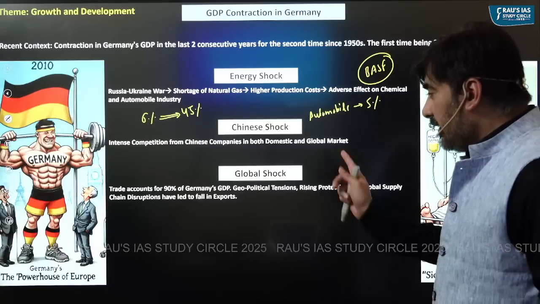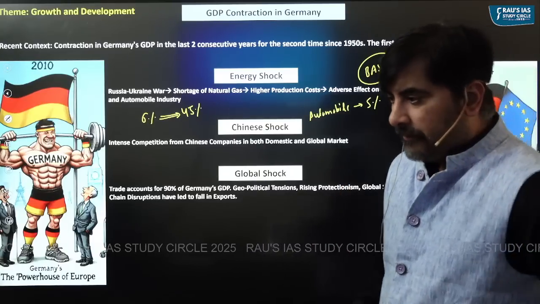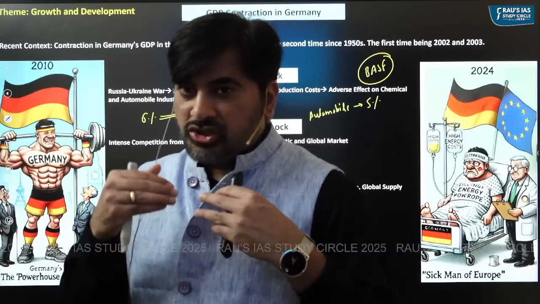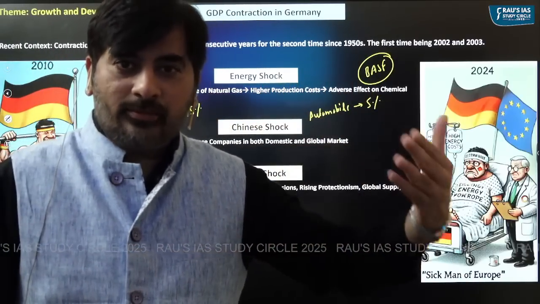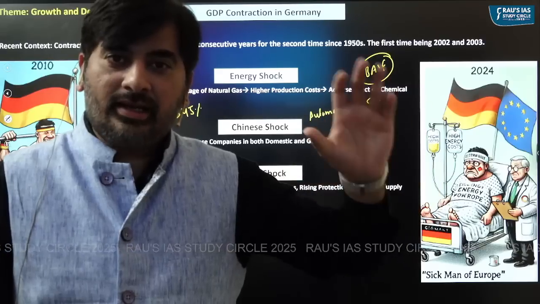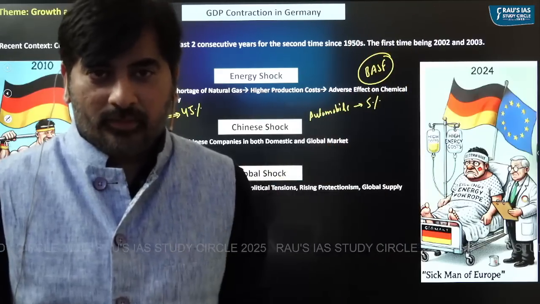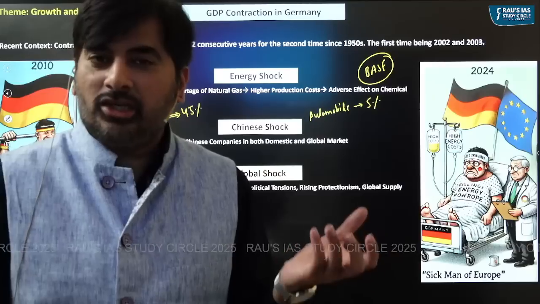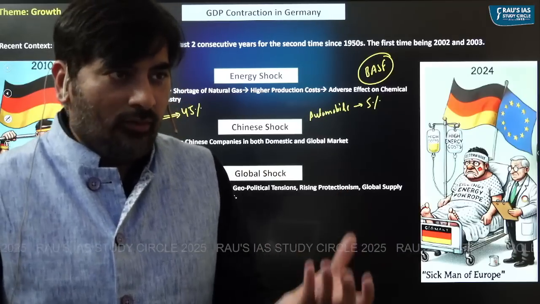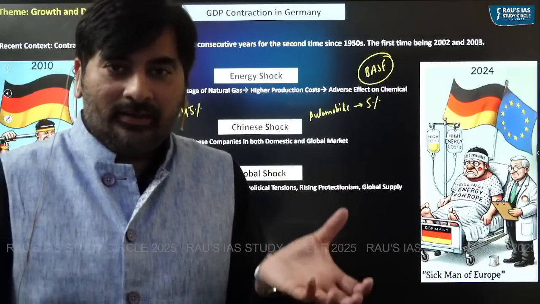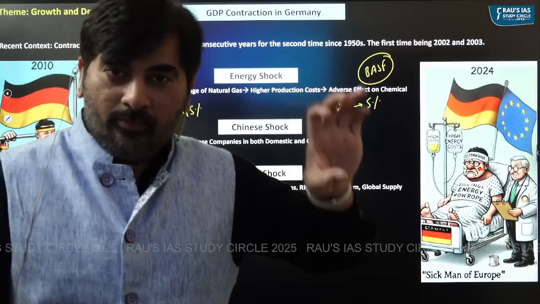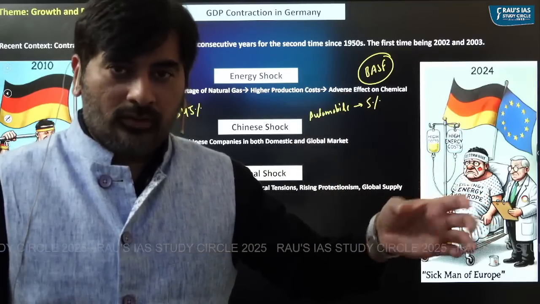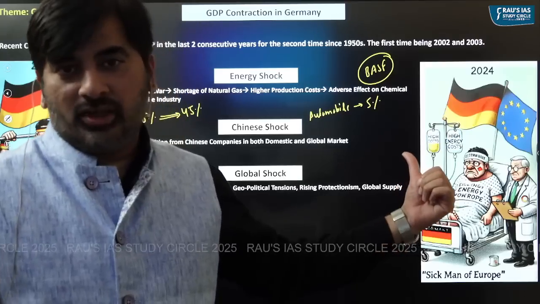The next problem is with respect to global shock. Germany, just like China, is majorly dependent upon the export of iron and steel and other products to countries, predominantly the US. Now the US has threatened that it will increase the tariffs for the import of goods from Europe also, which is going to adversely affect Germany.